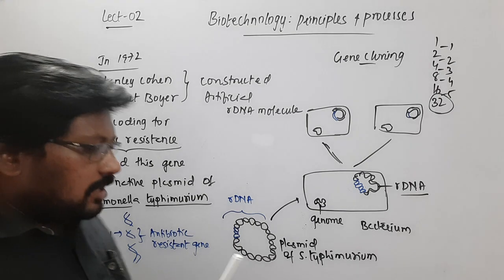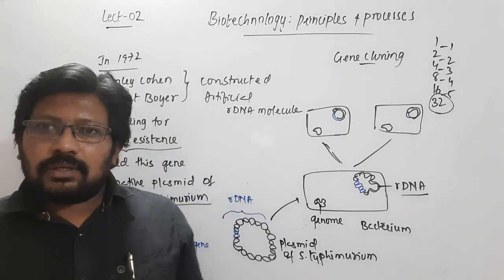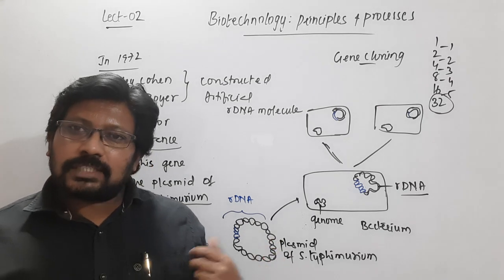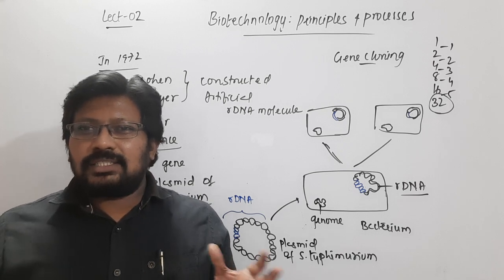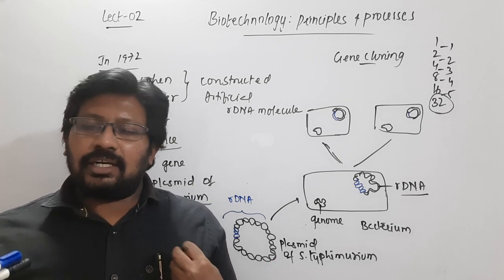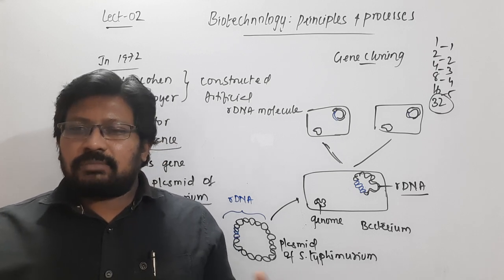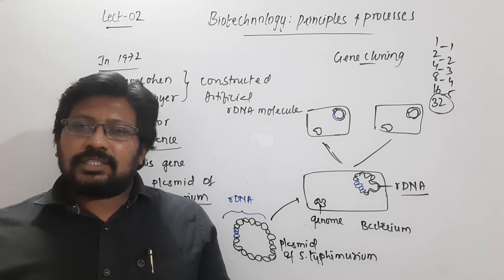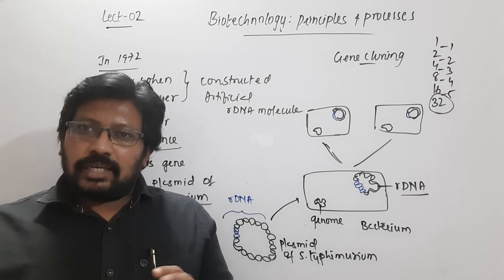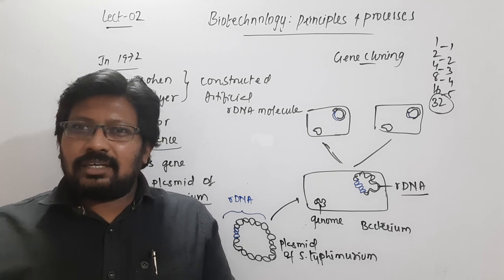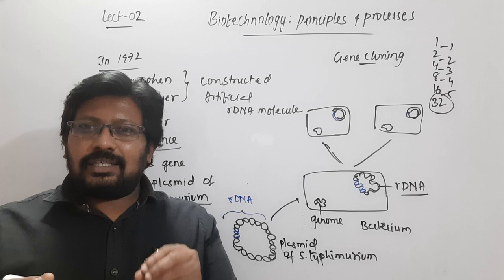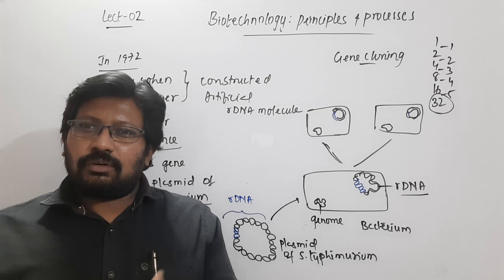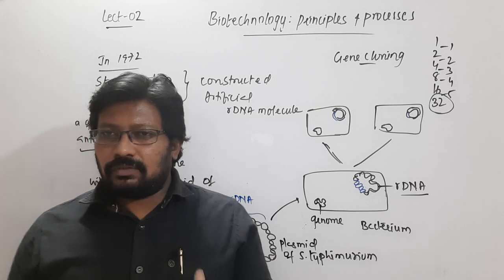Of course, we are able to construct these plasmids. We can take a plasmid from another bacterium, remove the unnecessary genes, whatever genes we don't want, and then replace them with other genes, or you need not replace them with anything. So you can reconstruct: after taking that plasmid, eliminate the genes you don't want, and make it capable of delivering the gene of interest that you are going to link with that plasmid.